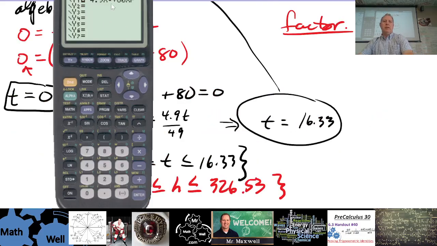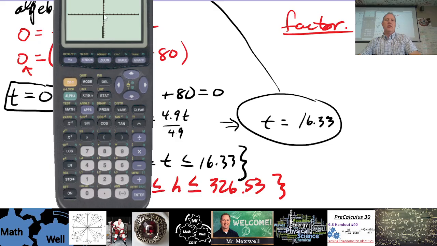All right, so I'm going to put this in the graphing calculator. And I'm going to graph this function, okay? So I'll just go zoom 6. You're going to find that this looks really bad.